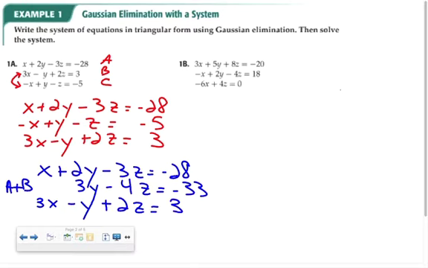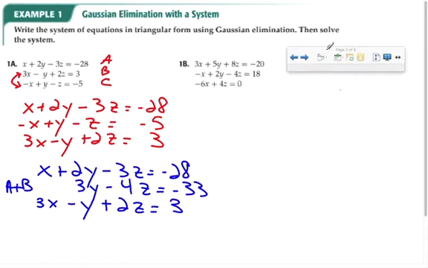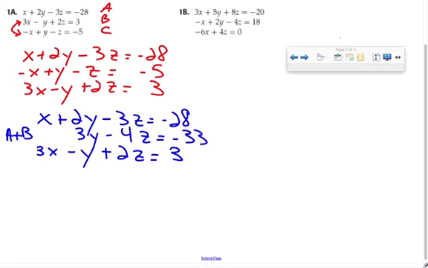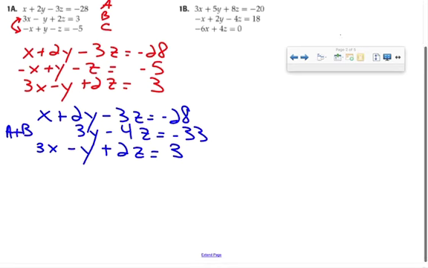At this point, I'm going to multiply the first equation by -3 and add it to the third equation. Again, I want to winnow these equations down from 3 variables down to 1 variable. So I just said I'm going to leave equation A alone.